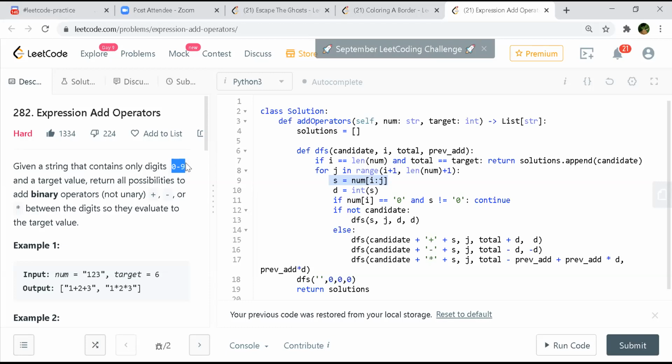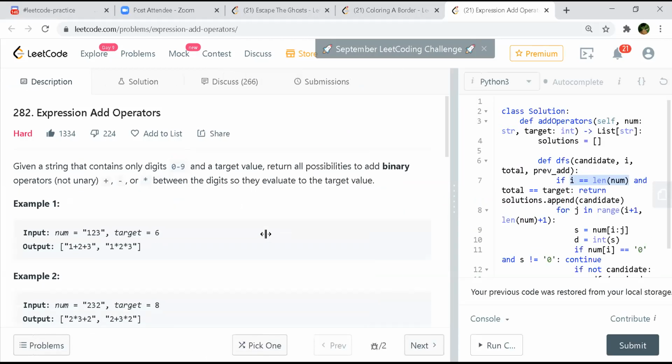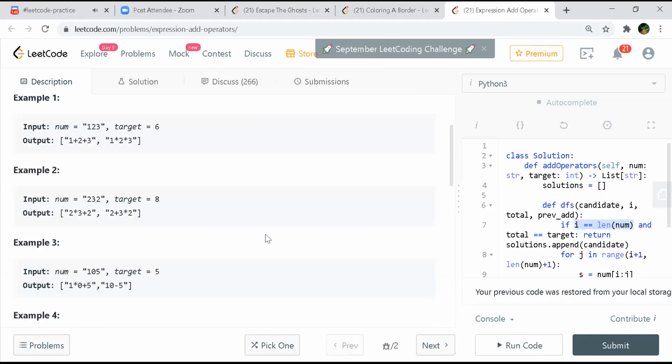Actually, one thing came to my mind. Can you please scroll down a little bit on example 3? Sure. In this, why is 1 multiplied by 5 plus 0 not an answer? Sequentially, you have to go, right?